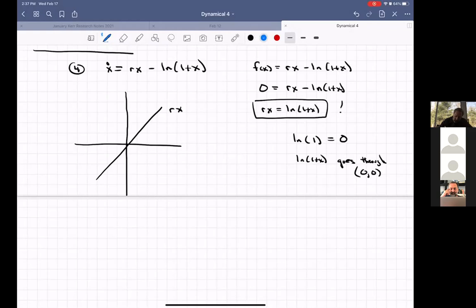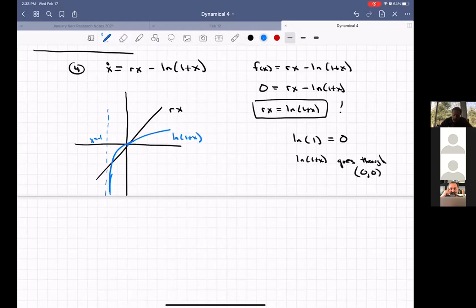And then it blows up at x equals minus 1. It's coming off of infinity down here. Agree? And it goes through 0. It's going to do something like that. That's what I had drawn.